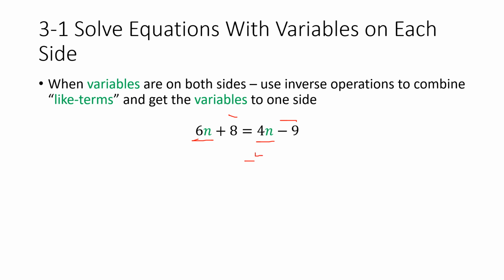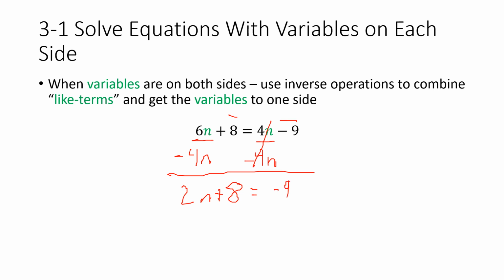The opposite of 4n is -4n, so just subtract 4n from both sides of your equation. Your 4n's will cancel. 6n minus 4n is 2n. Bring down the rest of the equation we haven't touched yet: plus 8 equals -9.